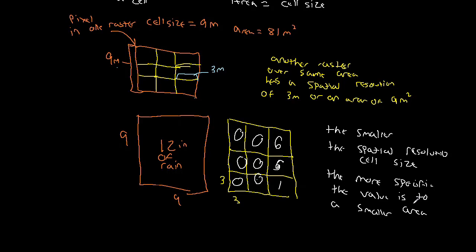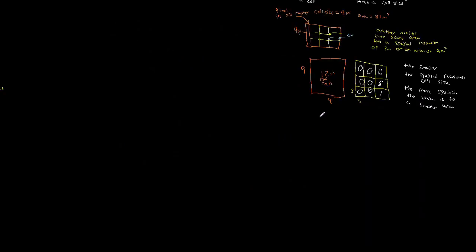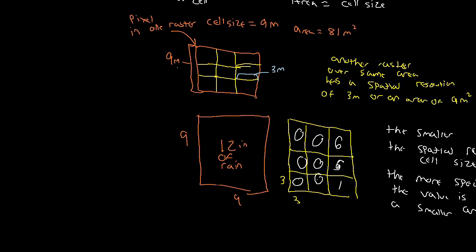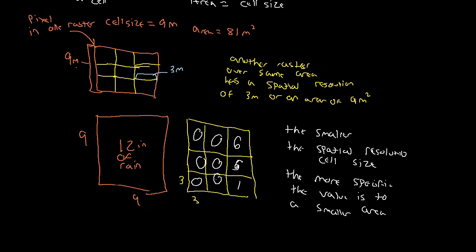Now, I'm not saying it's more accurate. I'm saying it's more specific. We had 12 inches of rain for this 9x9 area. We're now saying, well, 6 of that came from this 3x3 area here. I'm not saying that these are accurate. These may be completely wrong relative to the real world, but this is more specific to this area. So hopefully this makes sense.